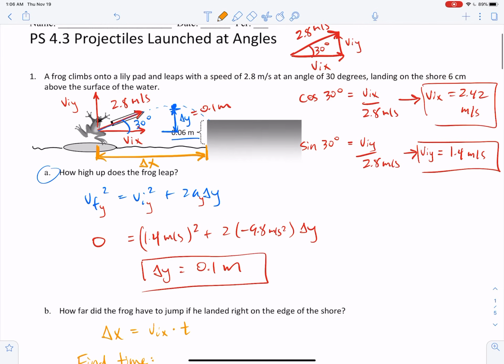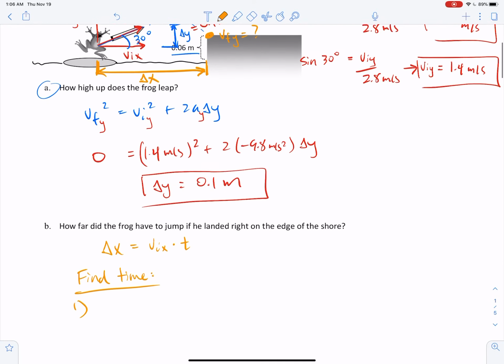So I'm going to find, at this point right here, once the frog hits the lily pad, what is the final vertical velocity at that point? Because that's going to be tied with the range. If I know how fast it's going when it hits the lily pad, I can figure out the time, which means that I can then figure out the range. So what's that final vertical velocity going to be?